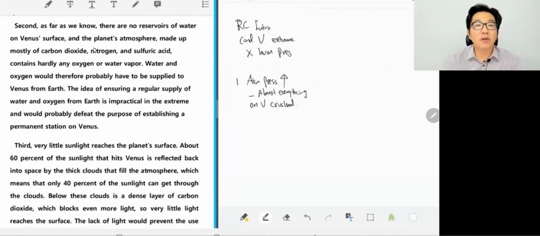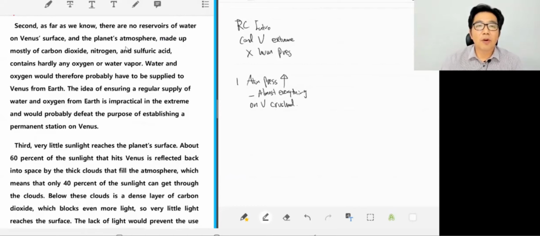Second, as far as we know so far, there are no reservoirs of water on Venus surface. As far as we know until now, at least, it may not be the same in the future. They may find something in the future, but so far there is no trace of water on the surface of Venus, or in the atmosphere of Venus. So no water, we cannot live there. The planet's atmosphere is made up mostly of carbon dioxide, nitrogen, and sulfuric acid.